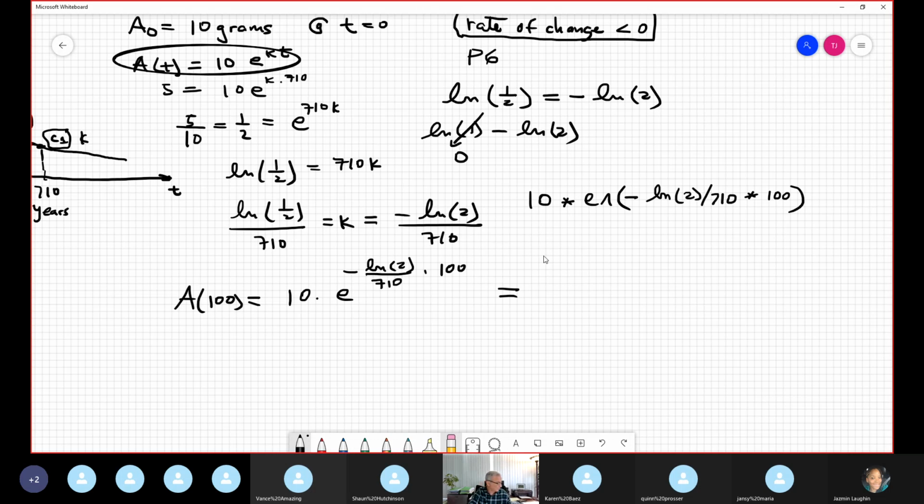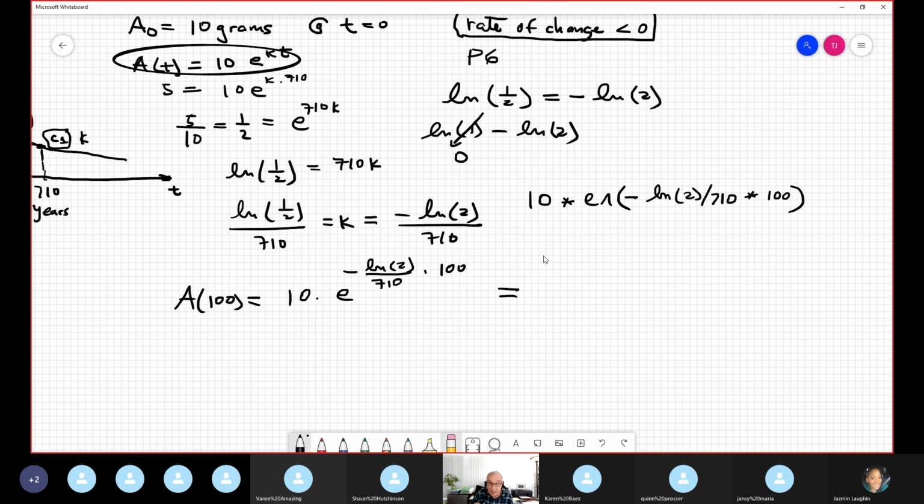Let me try my own calculator. This is 10 times exponential, the same key as the logarithm. Inside we have minus natural logarithm of 2, close the parenthesis, division by 17, multiplication by 100, and close parenthesis.